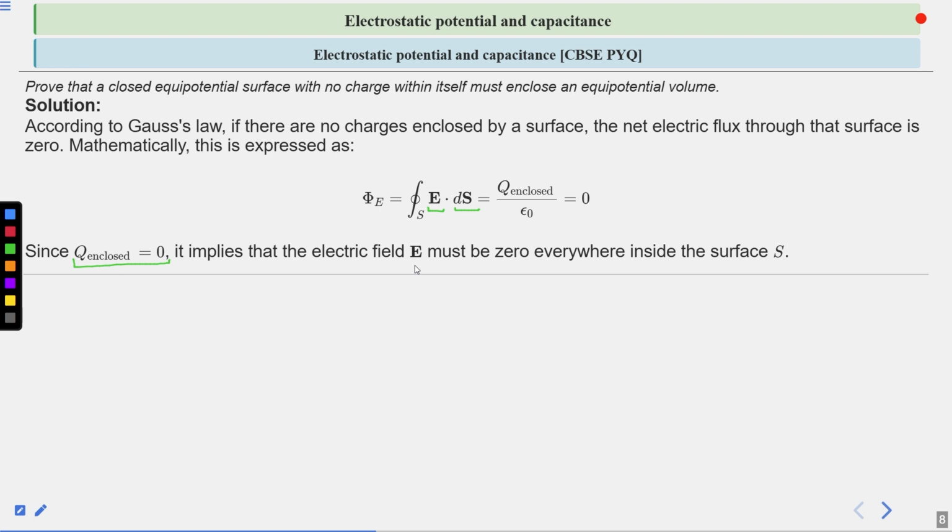Since Q enclosed is 0, it implies that the electric field must be 0 everywhere inside that surface S. This term will be 0 because the area of the element we selected is not 0. So the electric field inside that surface is 0.